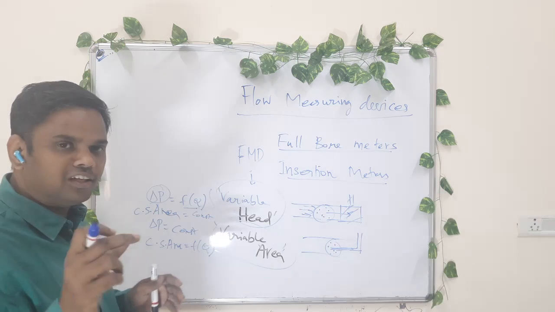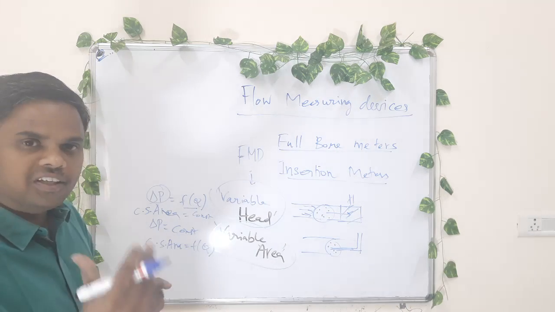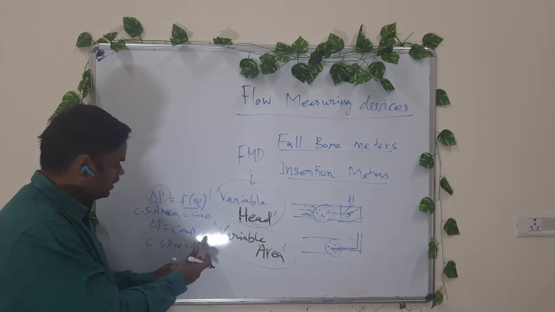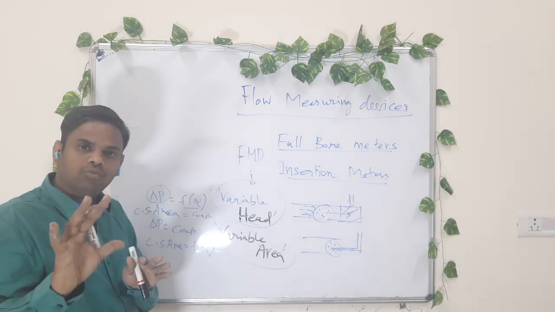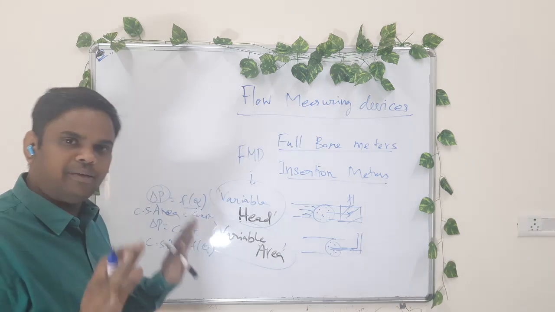That means the cross-section area through which the fluid is flowing will keep changing with an increase in the volumetric flow rate, whereas the pressure drop across the flow measuring device will be the same.